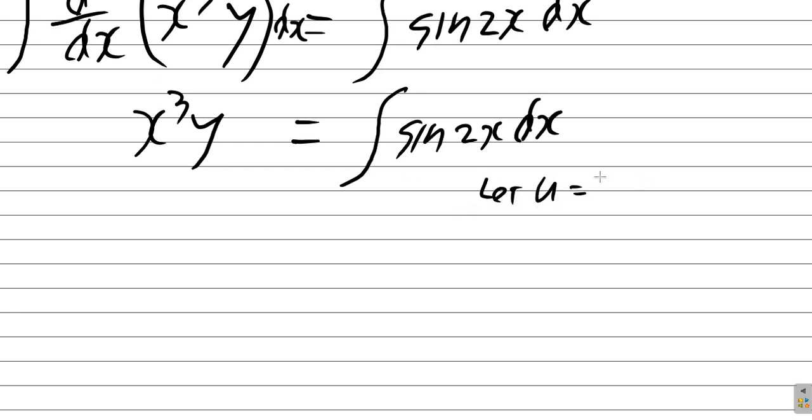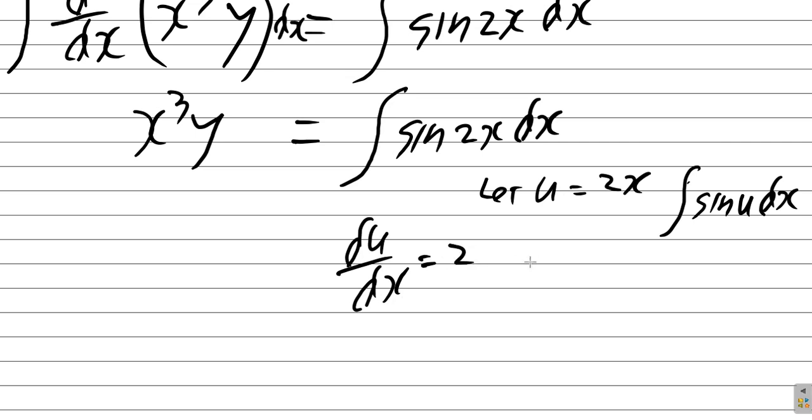So let u be equal to 2x. Then what you're doing here is finding the integral of sine u dx. But you want sine u du. So let's see what you do now. Let's differentiate this. You say du by dx is equal to 2.